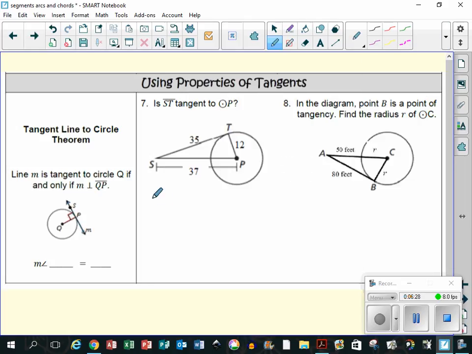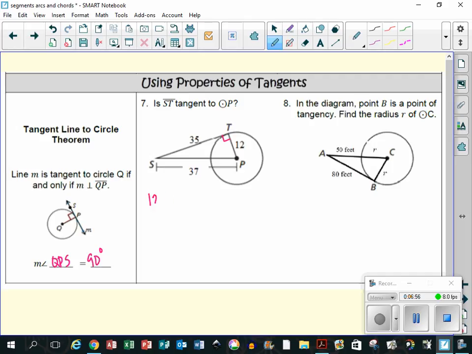The measure of angle QPS is 90 degrees. If this is my radius and this is my tangent line, then this is a right angle. If that's a right angle, then with these measurements, I need to see if this is true. To check if it's a right triangle, you use the Pythagorean theorem.